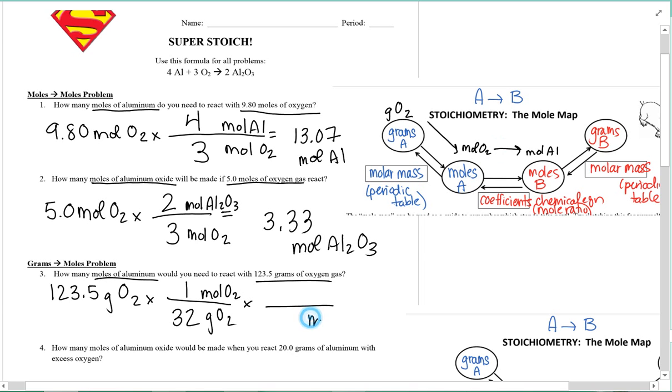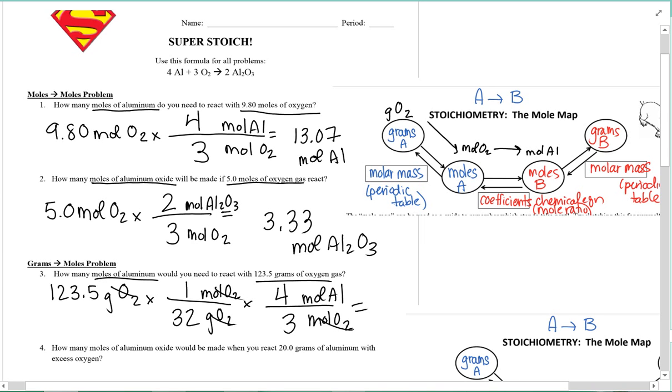So the unit that I have, moles of O2, goes on the bottom. The unit that I want, moles of aluminum, goes on the top. And if I look at my chemical equation, it looks like for every 3 moles of oxygen, I need 4 moles of aluminum. If I stop and solve here, notice my grams cancels out, moles cancels out, and I'm left with moles of aluminum.